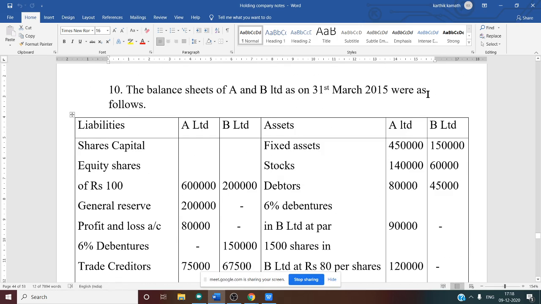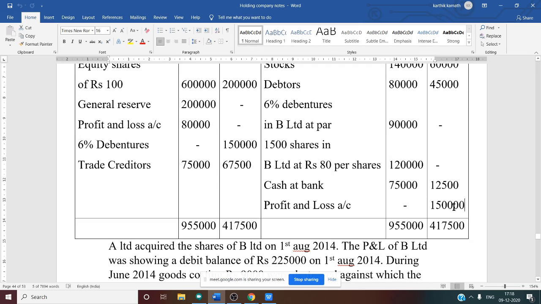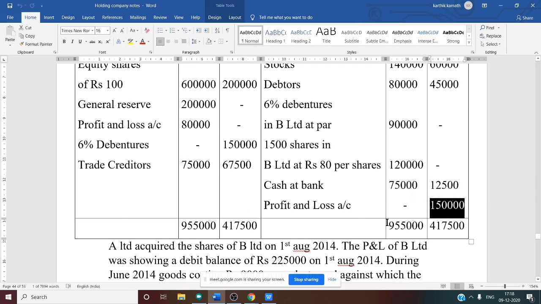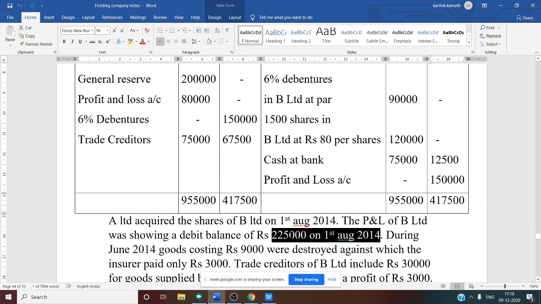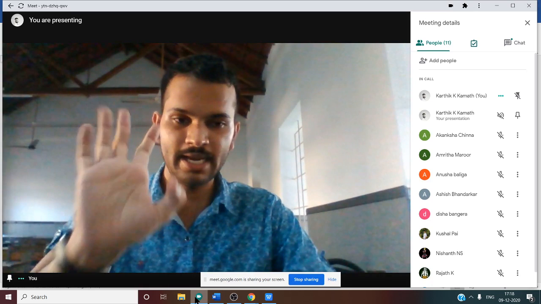The balance sheet is given at the end of the financial year, 31st March 2015. In that closing balance sheet also there is a loss amount of 1,50,000. From 1st April till 1st August, the date of acquisition, the balance is 2,25,000, that is also a debit balance. So a negative balance is there at the beginning as well as at the end of the year.